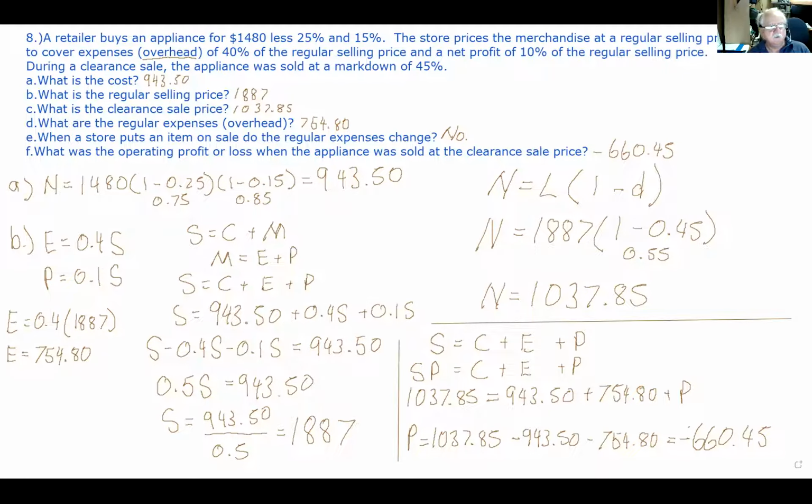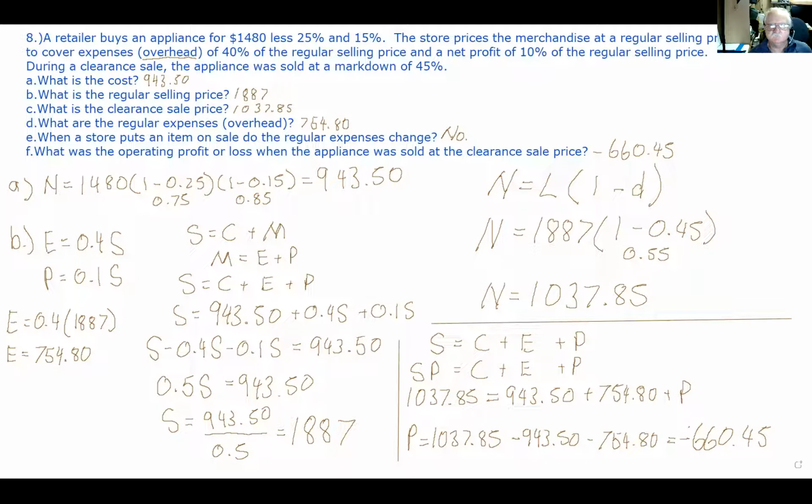Excuse me, sir. Yes. Sir, could you explain from here where selling price is equal to cost plus markup and markup is equal to expense plus profit? Well, we know that the markup is the total amount that they mark this up. But in this case, they've divided it into expenses plus profit. So we knew their markup was $754.80.